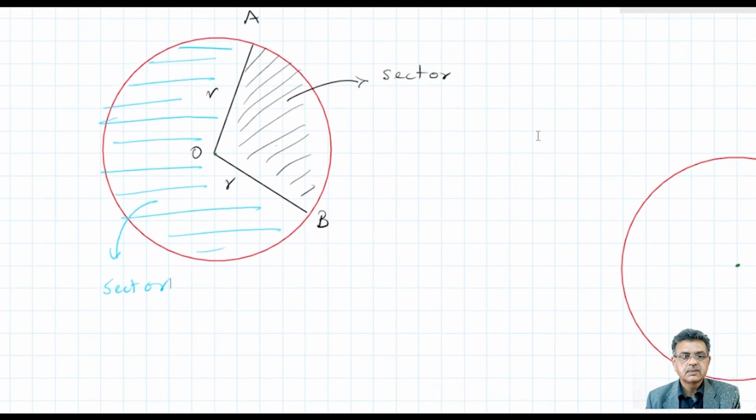What is the difference between these two? This is called the minor sector, and this is the major sector. That means if this angle theta is less than 180, that sector will be the minor sector, and on the other side there will be a reflex angle. Wherever there is a reflex angle, that is the major sector.